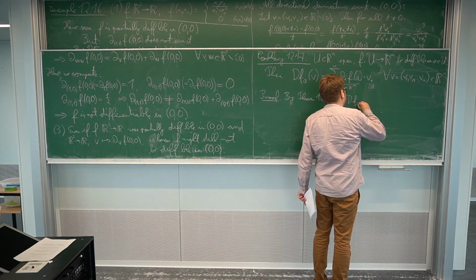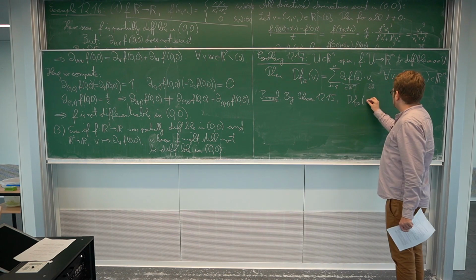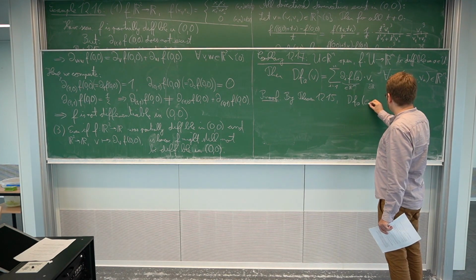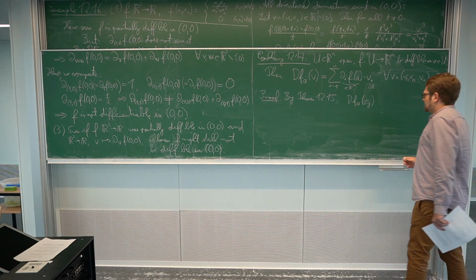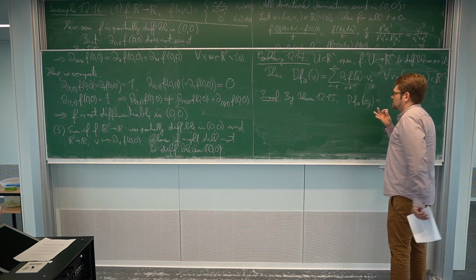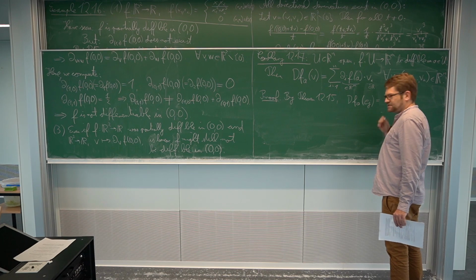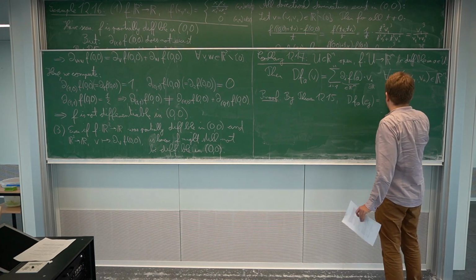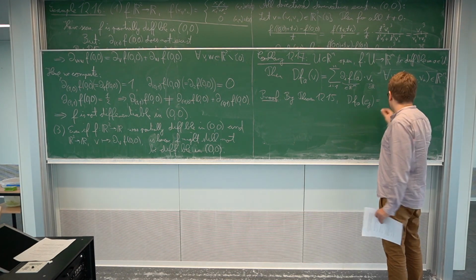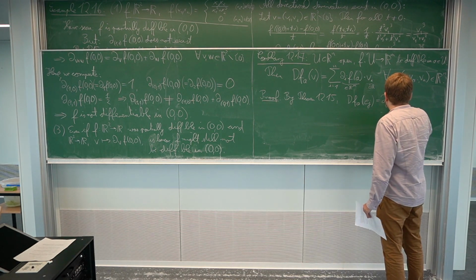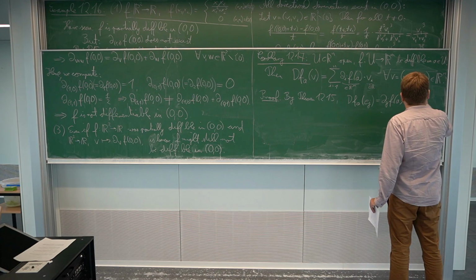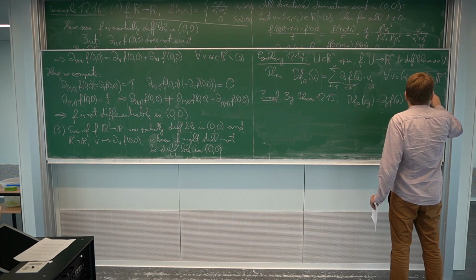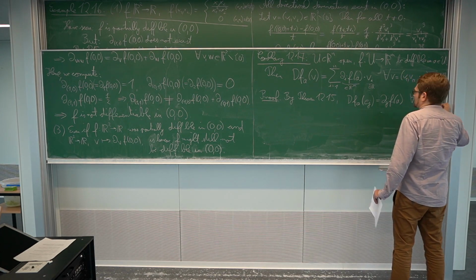So in particular, if we insert the canonical basis vector e_j for some j, this is nothing but the directional derivative in this basis direction, and this is precisely what we call the partial derivative. So this is how we define the partial derivatives: ∂_j f in the point a, for all j between 1 and n.